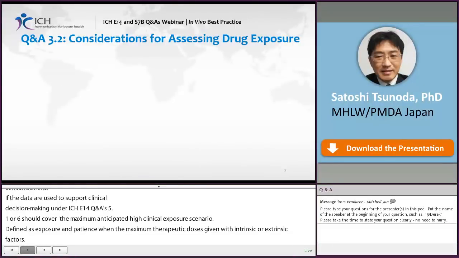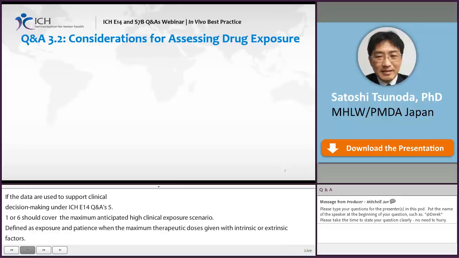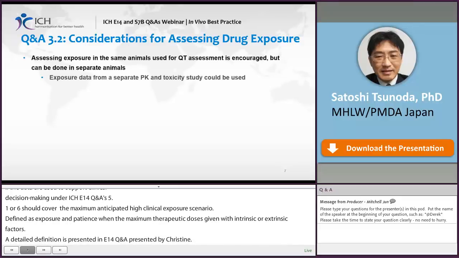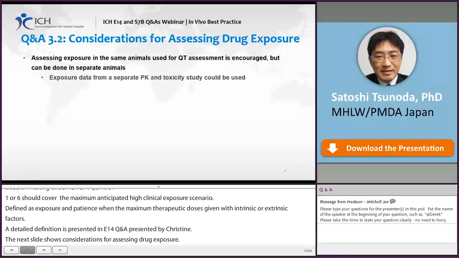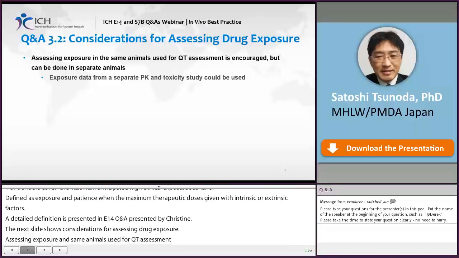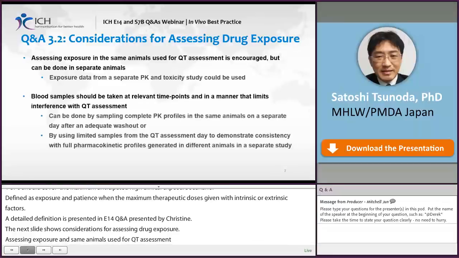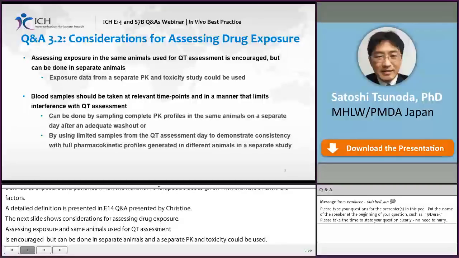The next slide shows considerations for assessing drug exposure. Assessing exposure in the same animals used for QT assessment is encouraged. When exposure assessment is done in separate animals, separate PK and toxicity studies could be used. Blood samples should be taken at relevant time points and in a manner that limits interference with QT assessment.